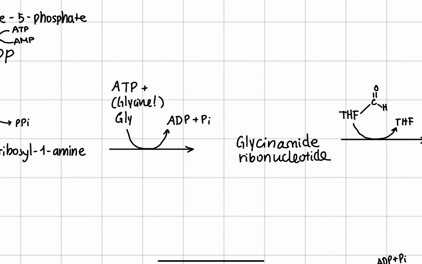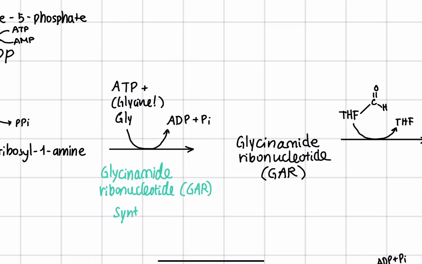In this part, we're synthesizing a glycinamide ribonucleotide, which you can shorten to GAR. Because we're synthesizing it using ATP, it's glycinamide ribonucleotide synthetase.